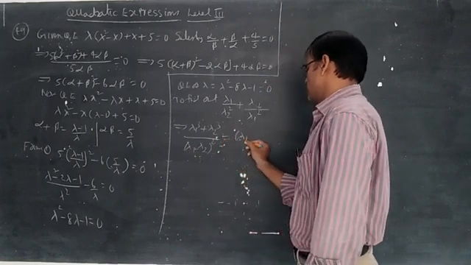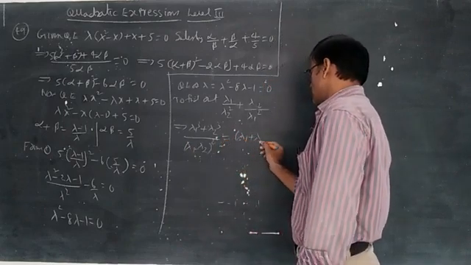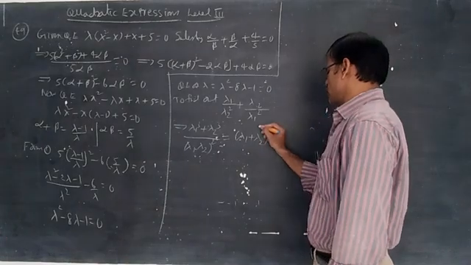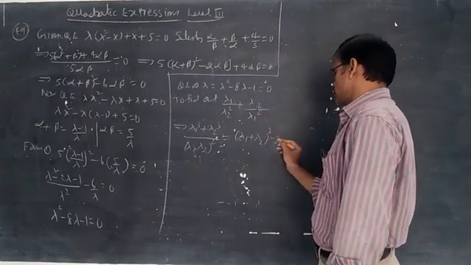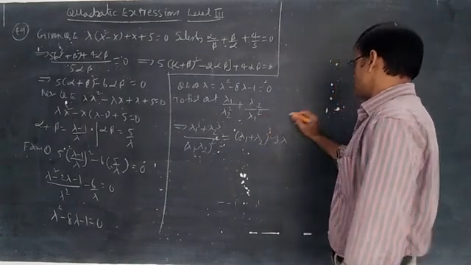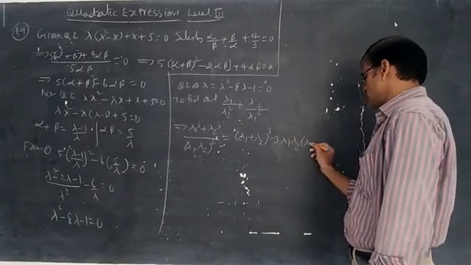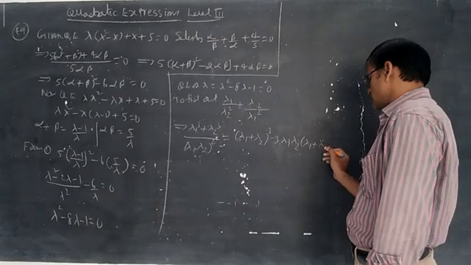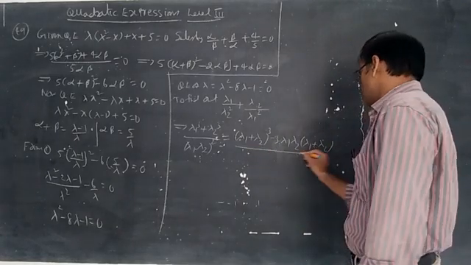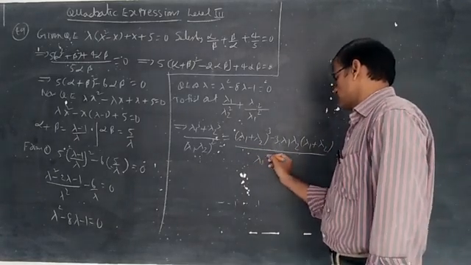So by the a plus b whole cube formula, a plus b whole cube minus 3ab into a plus b: lambda 1 plus lambda 2 whole cube minus 3 lambda 1 lambda 2 into lambda 1 plus lambda 2, whole by lambda 1 lambda 2 whole square.